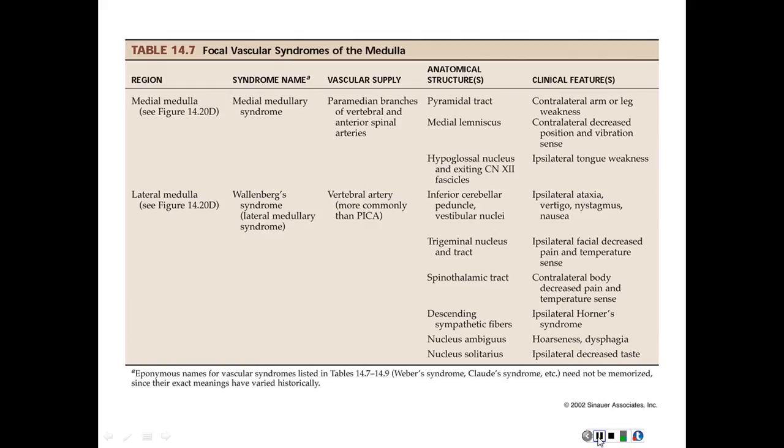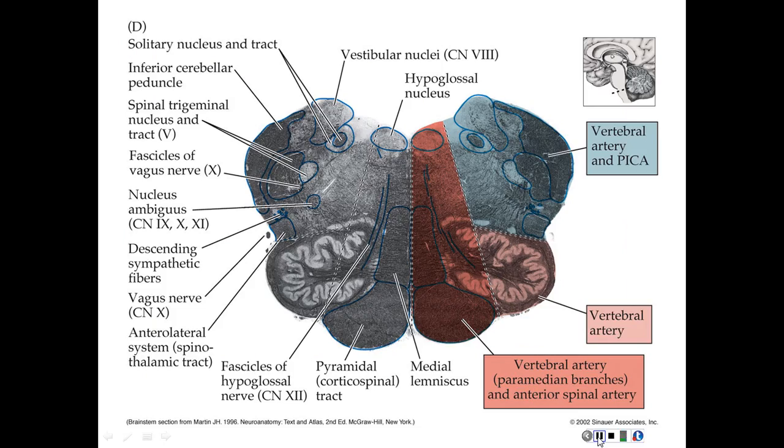So if we think about now these two major pathways lying side by side, receiving the same vascular supply, we know that these axons here will eventually come to the contralateral side and influence motor neurons on the contralateral side of the body. The proprioceptive information is already ascending now on the contralateral side.